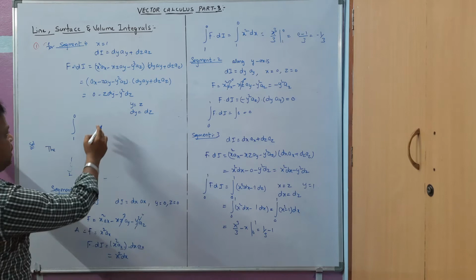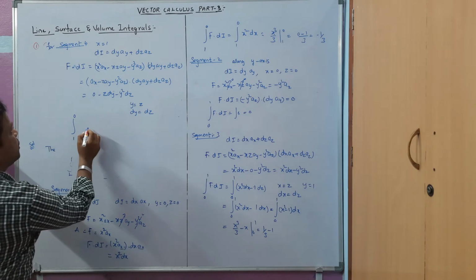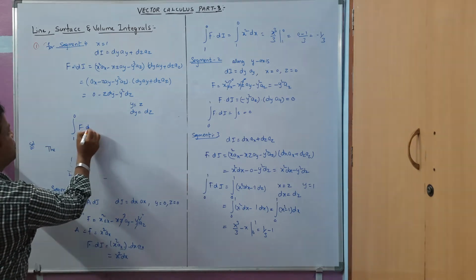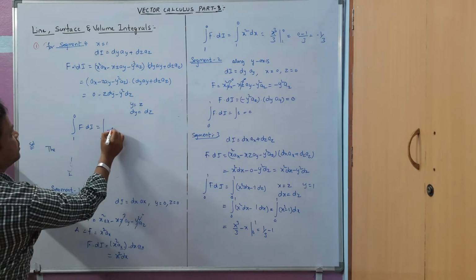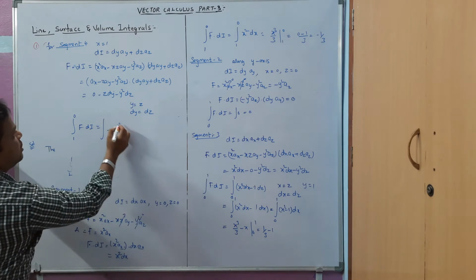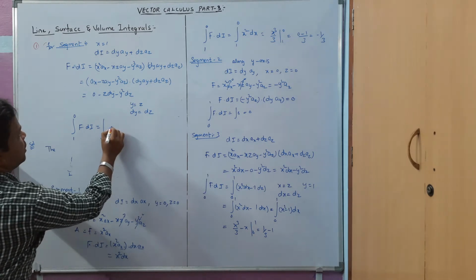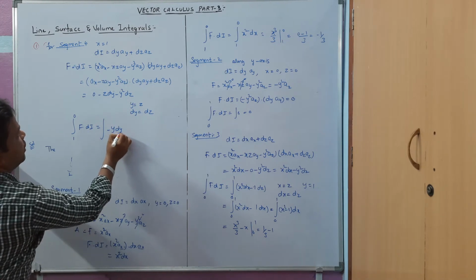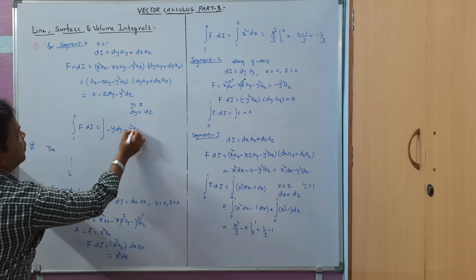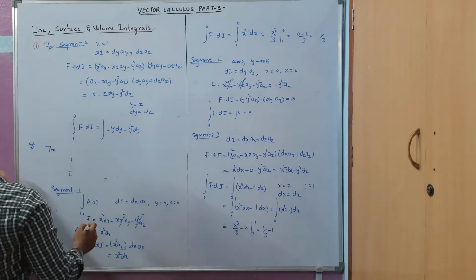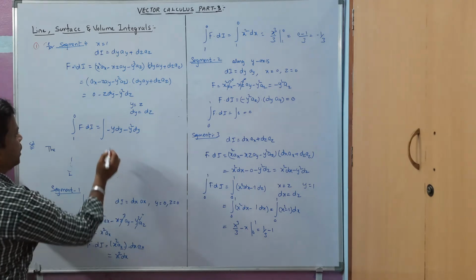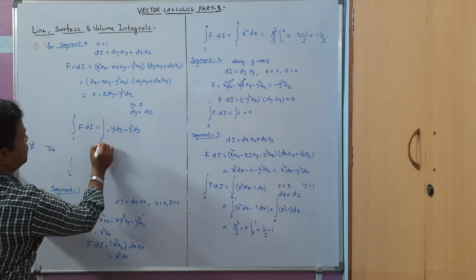So f dot dl will become, here minus z means we are taking y only, so y into dy minus y square into dy. Now I will integrate this between 1 to 0.